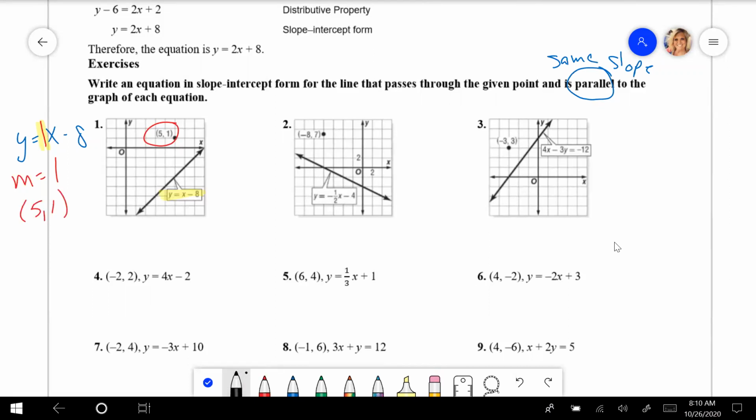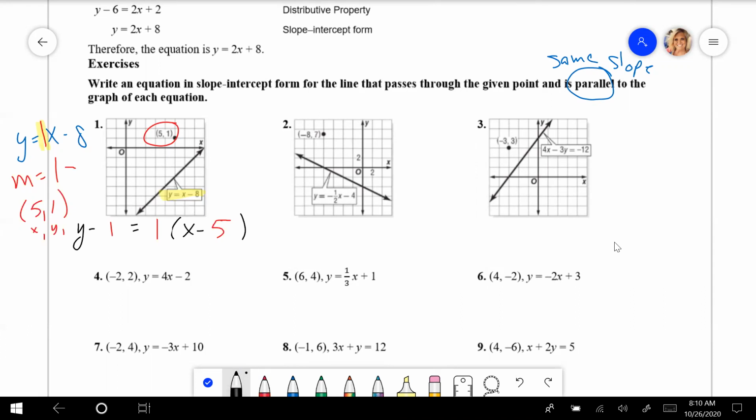So let's use our point slope equation. y minus y1 equals m times x minus x1. The m we already know, we found it up here. It's a 1. Now we have x1 and y1. My x1 number goes here, which is 5. My y1 number goes here, which is 1. And it wants it in slope-intercept form. Well, first you put it into point slope.